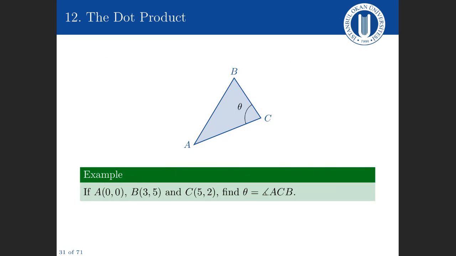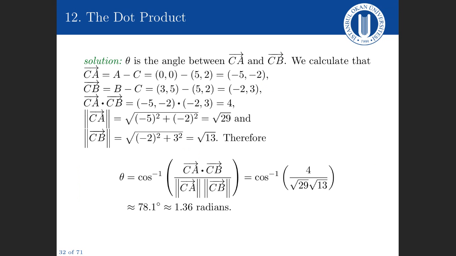What we need are two vectors: the vector from C to A, and the vector from C to B. Then we use the formula to calculate the angle between these two vectors. Theta is the angle between the vector CA and the vector CB.